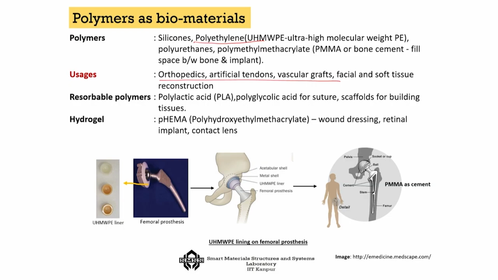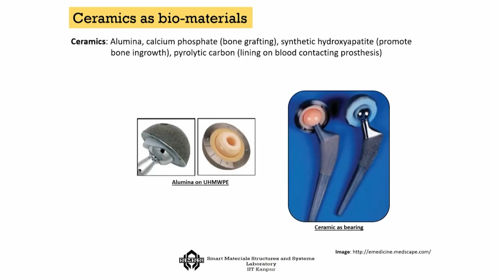One good part of polymers is that they can be 3D printed very easily. So, you can design such products very easily. Ceramics are also available as biomaterials, particularly ceramics like alumina, calcium phosphate, synthetic hydroxyapatite and pyrolytic carbons, etc.